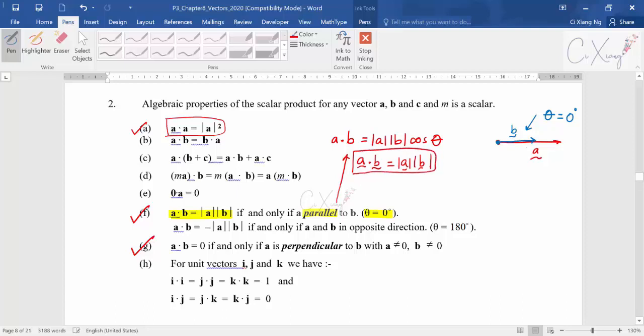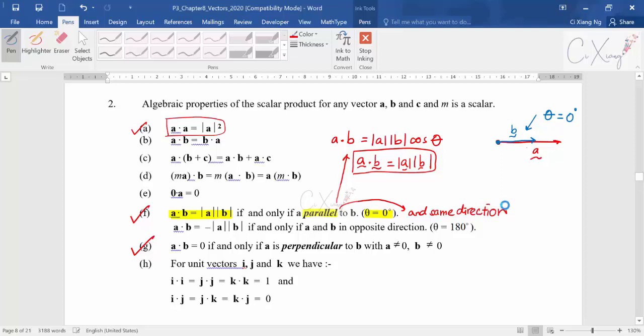Okay, so in the question, if they mention parallel and same direction, I think same direction must be included because parallel can be same direction or different direction.